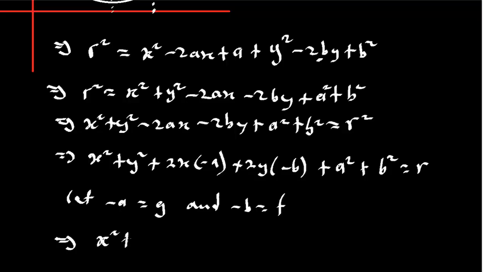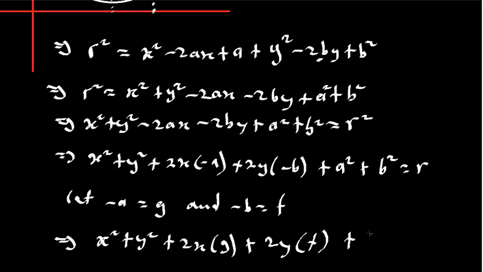x square plus y square, then plus 2x, I'll put g there, and then plus 2y, I'll put f there, and then plus a square plus b square equal to r.